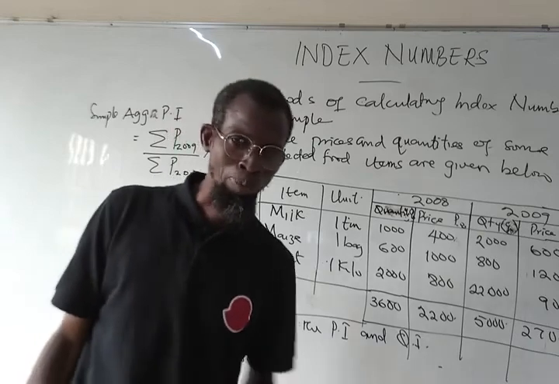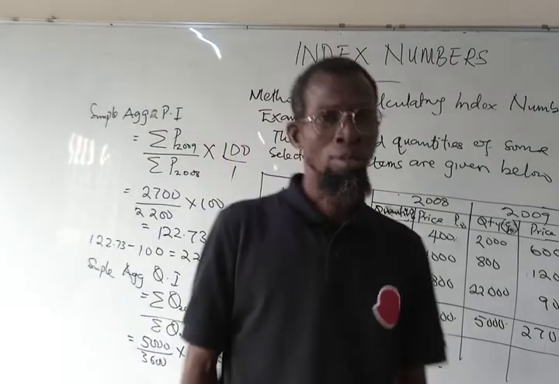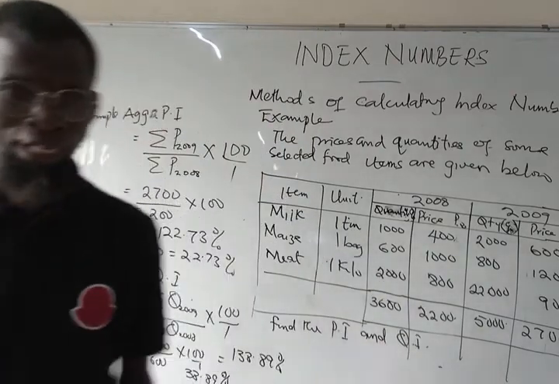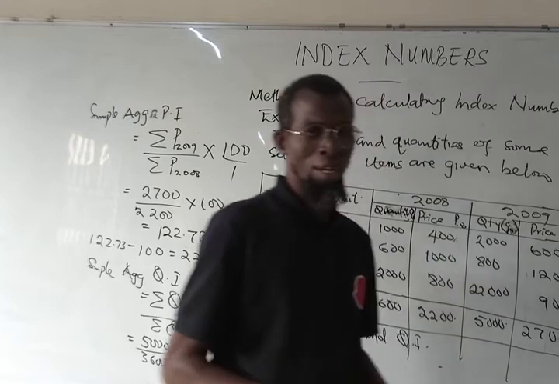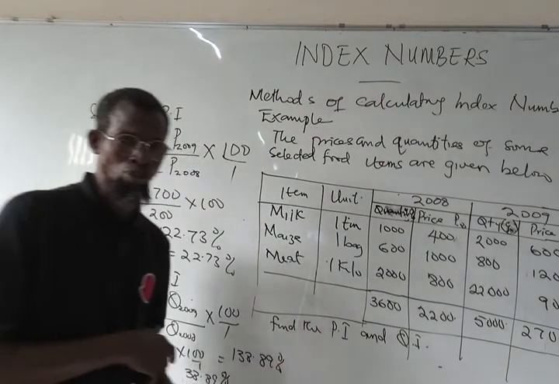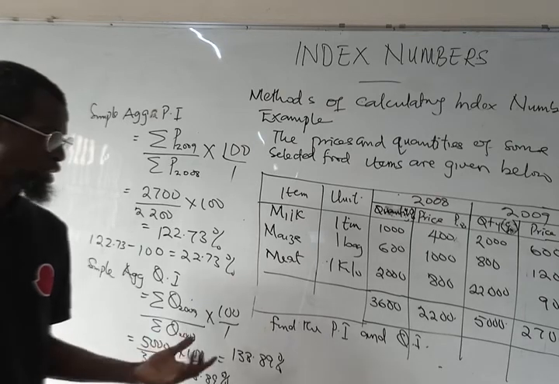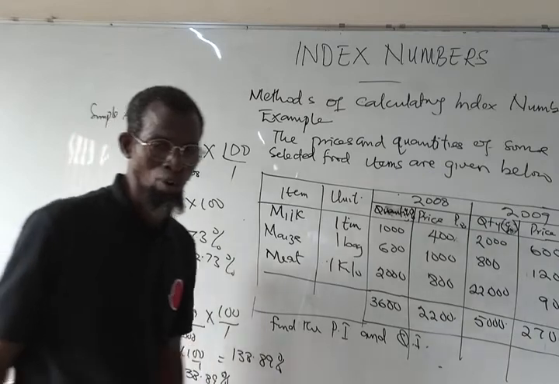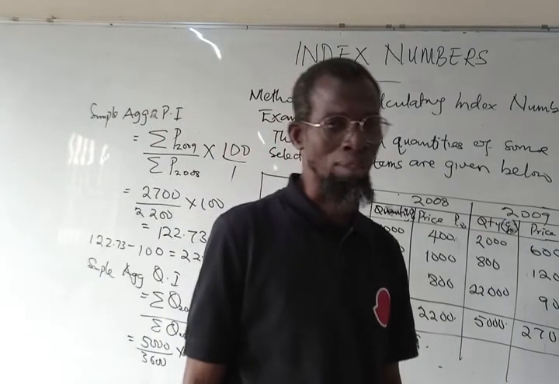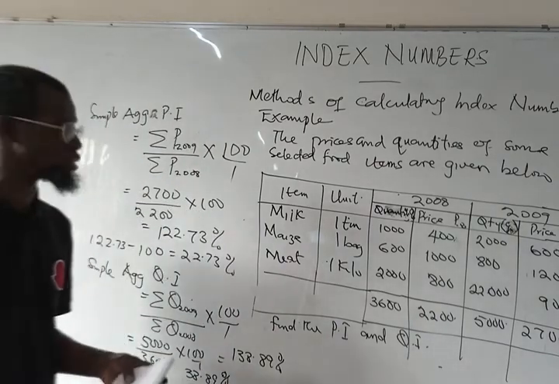What we're saying is that when you use simple aggregate, the advantage is that it is very easy to calculate and simple to operate, but the disadvantage is that it does not take into consideration the relative importance of the commodities we are considering.